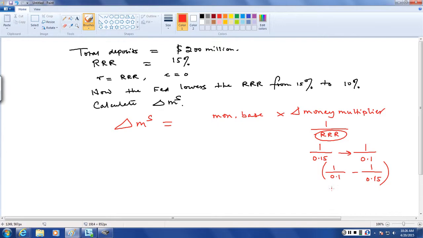So this, of course, is 10, and that is 6.67, right? So the whole thing is really 3.33 then. Yes? Okay. What's the monetary base? So we know what this is. Now, if you know what that is, then we can multiply the two together to get the change in the money supply.